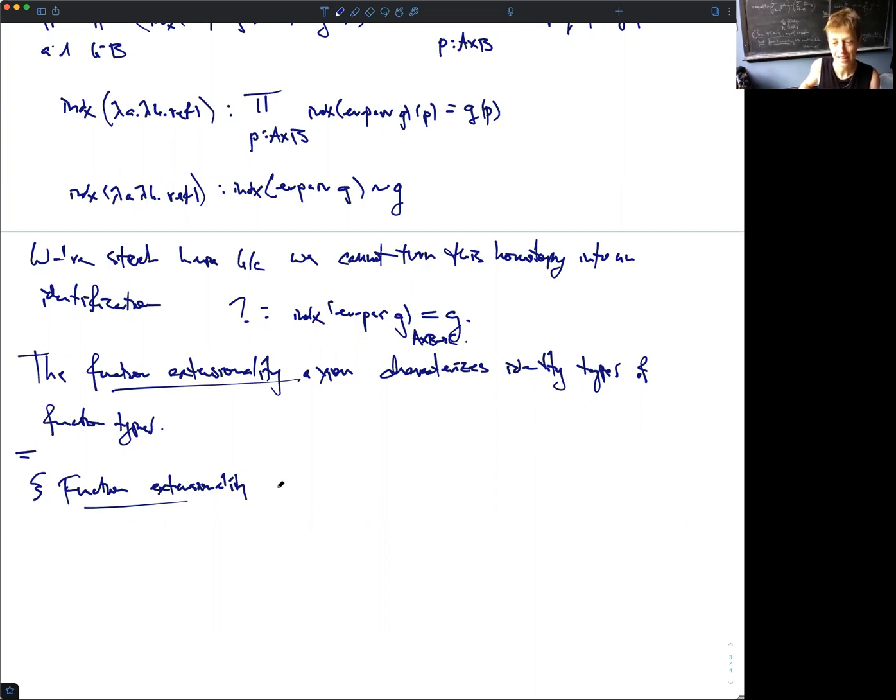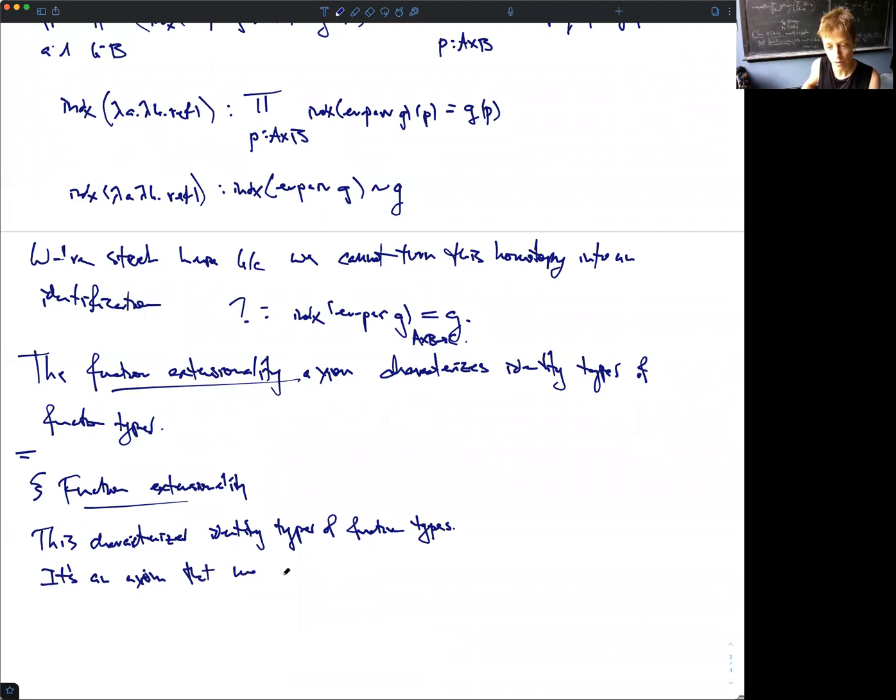So what function extensionality is, firstly, it characterizes identity types of function types. It provides this thing that is missing. And the other thing to say about it, and the reason that it's been delayed so long, is that it's an axiom. It's an axiom that we will now add to Martin-Löf type theory from this point on.